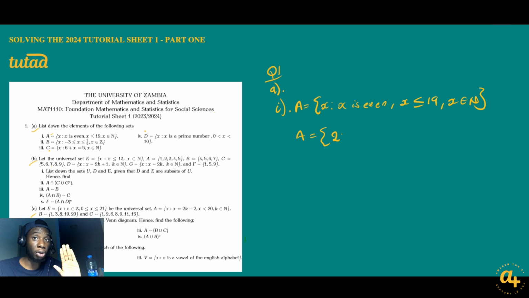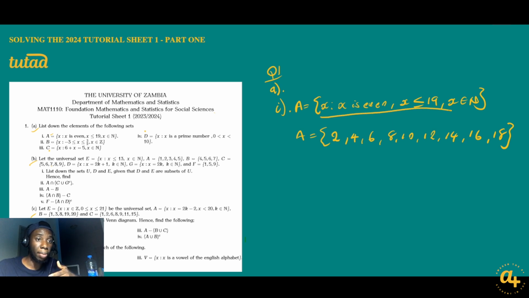Obviously it can't have 1 because 1 is not even. Even though it's a natural number, it's not even, so it cannot be a part of this set. So 2 is going to be the first element. Our next elements are 4, 6, 8, 10, 12, 14, 16, and 18. These are the elements that are a part of the set A based on the description we've been given.